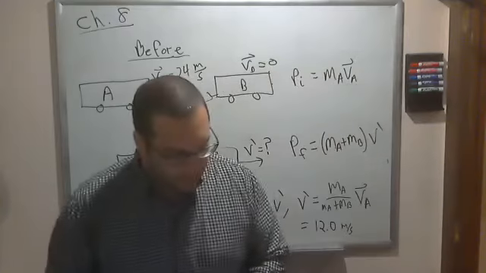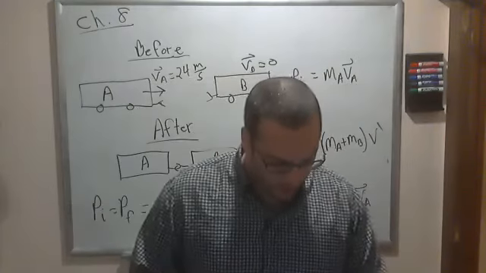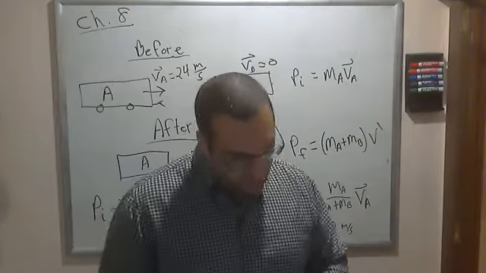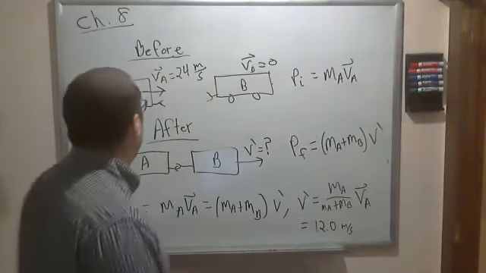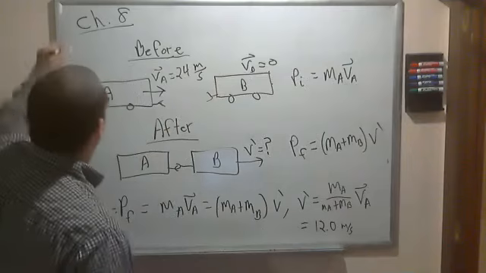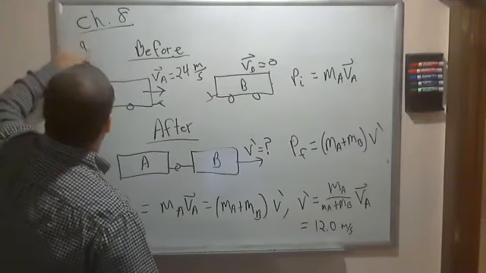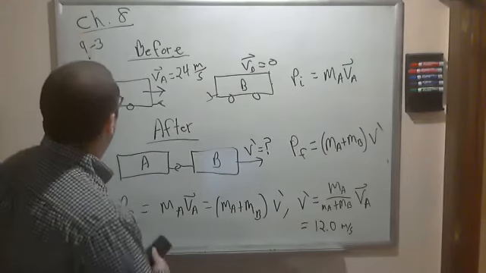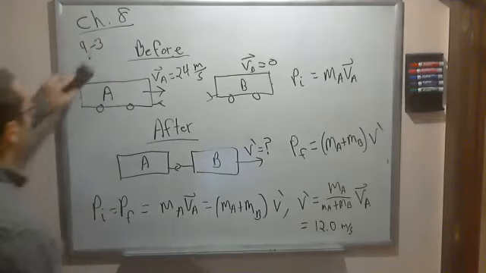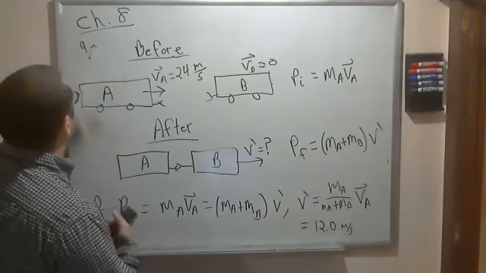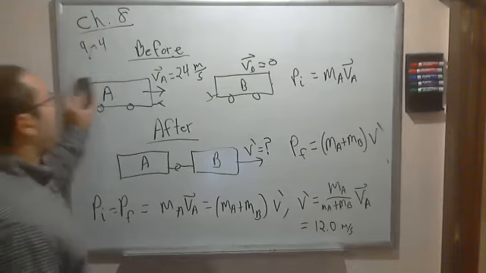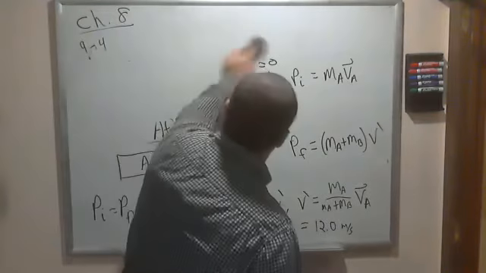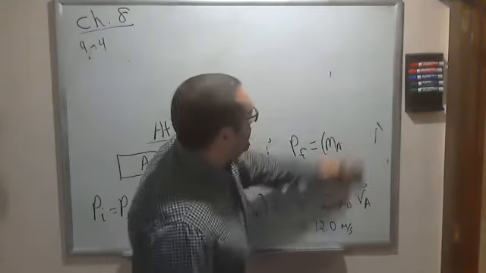So let's consider another problem. This was example 9.3, and now let's consider example 9.4. If we shoot a gun, let's calculate what the recoil of that gun will look like.